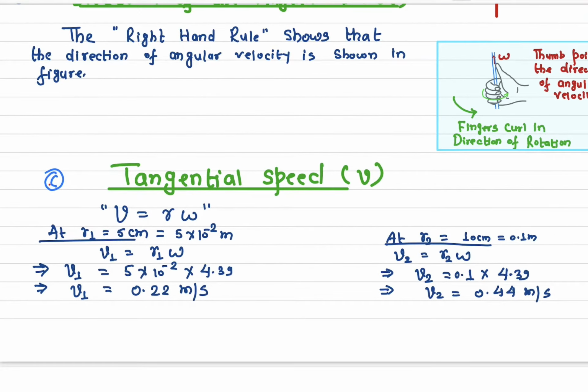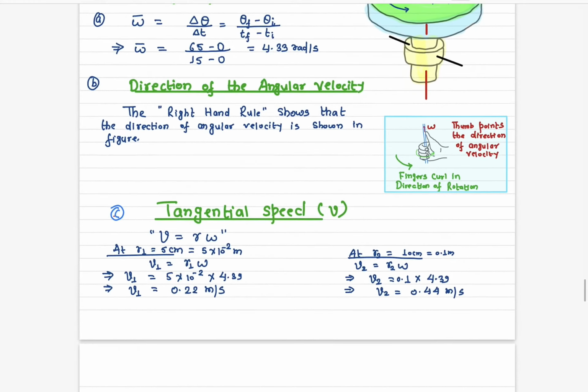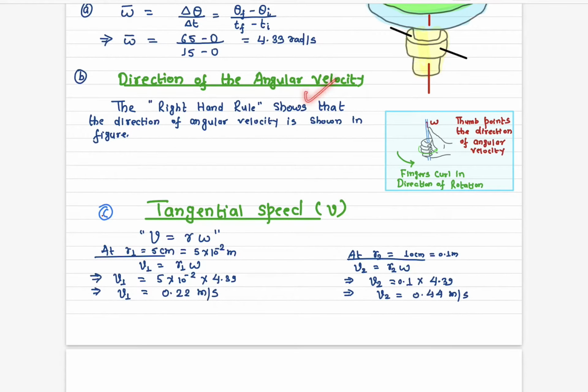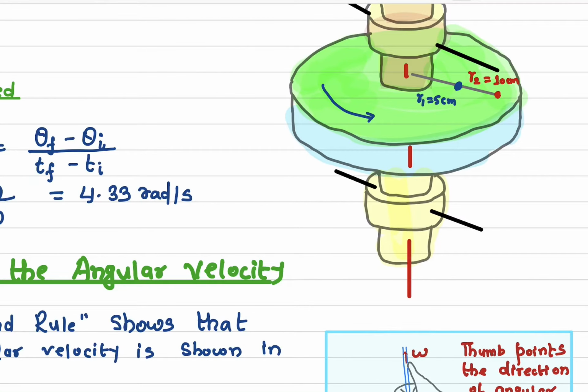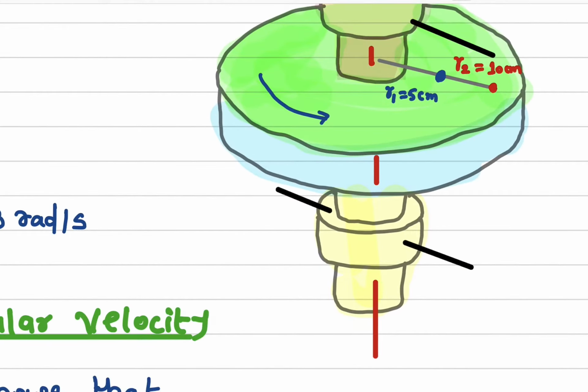And now we'll calculate the tangential speed. So what is the difference between the angular velocity and tangential velocity or tangential speed? Here I'm sometimes using speed and velocity interchangeably, but as far as the motion is one dimension, it doesn't matter. So the tangential speed is the speed at one particular location, and the direction is tangent to that point.